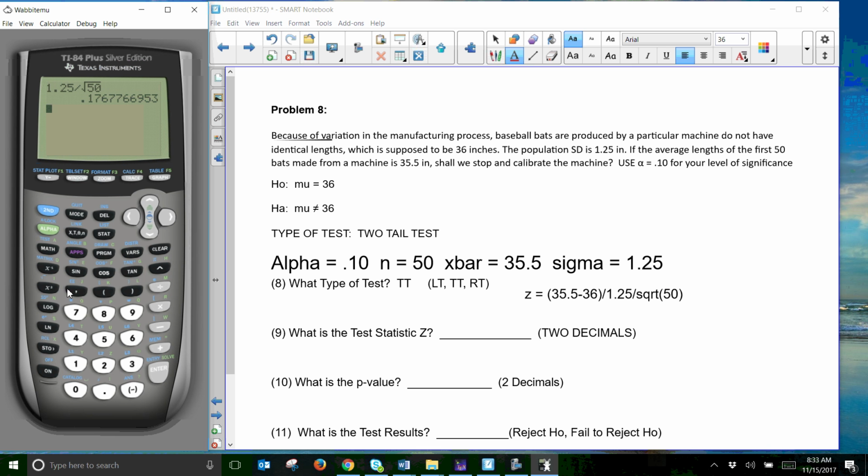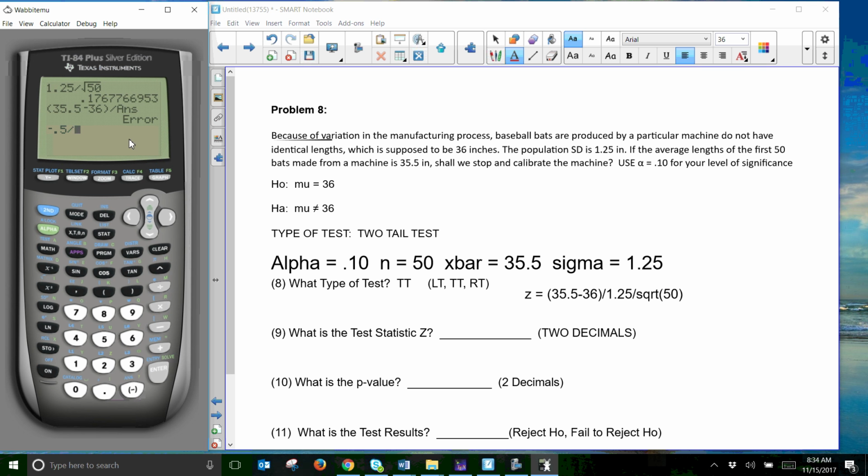And then 35.5 minus 36, which is negative 0.5.